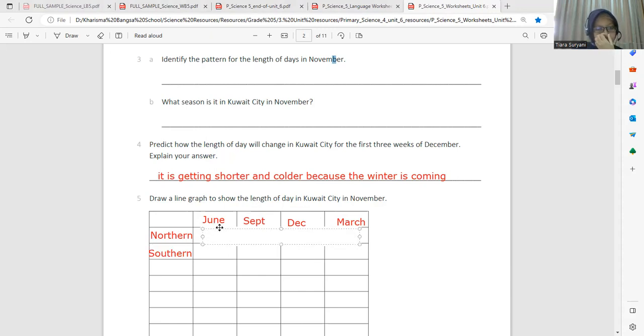During June, the northern hemisphere has summer. After summer, it's autumn. After autumn, it's winter. After winter, it's spring.